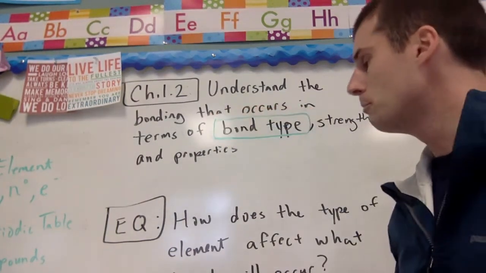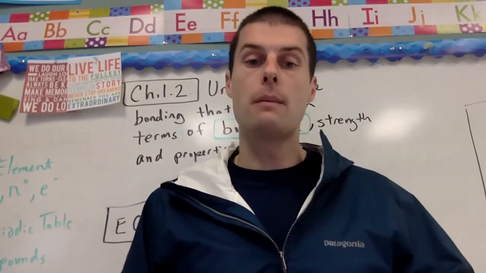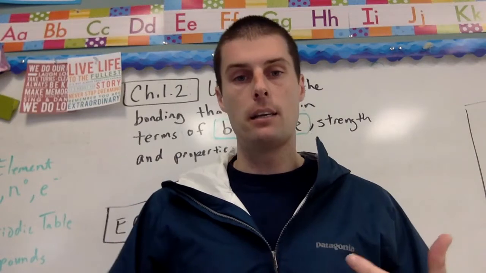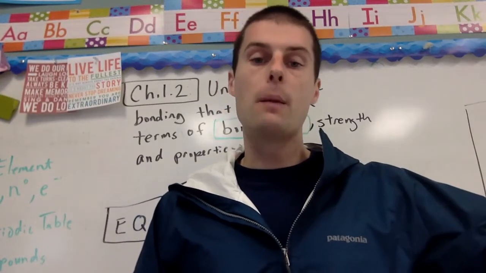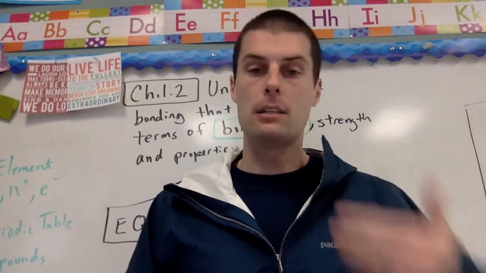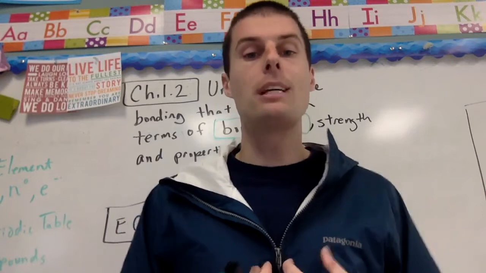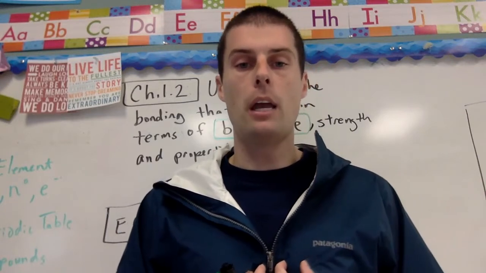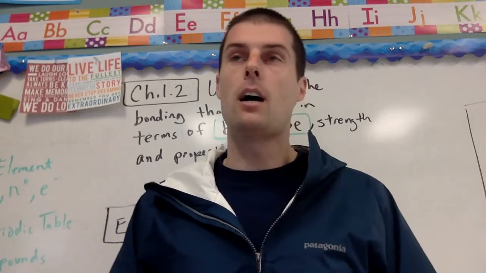Now, before I get into bond types, let's talk about the word bond. Yesterday, we talked about bonds as far as humans. We have a bond with our family members, our parents, our aunts, our uncles. That's a special bond that kind of attracts us, that brings us to one another, okay? You also have bonds with your girlfriends, your boyfriends.